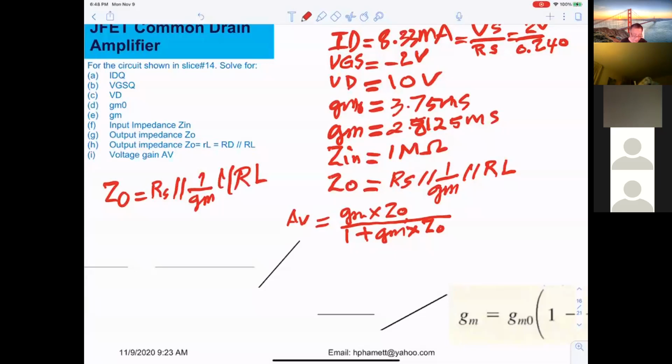So basically, they will be equal 1 over 1 over RL, 1 over 1 over GM, plus 1 over RL.